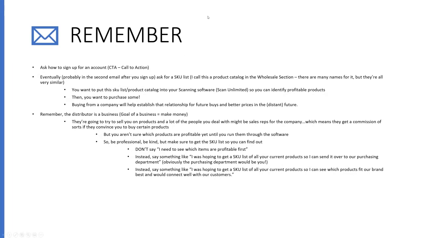It's more scalable, it's more long-term, it's more replenishable, right? You have so many of them in the list and that's a great opportunity, but everyone should be a potential long-term opportunity and a long-term business partner, right? You're not simply looking at them as suppliers for profitable products, okay? So always remember that. So you want to purchase some if there are some profitable products, all right?